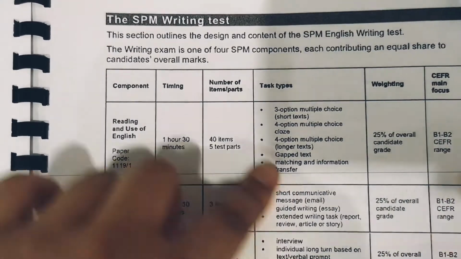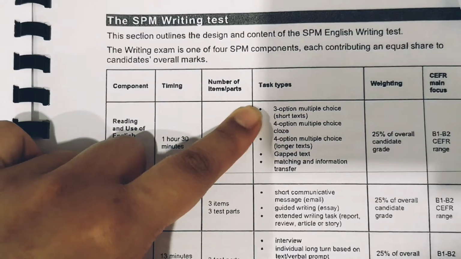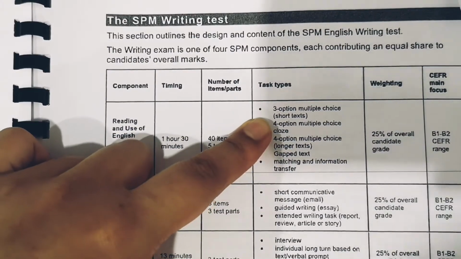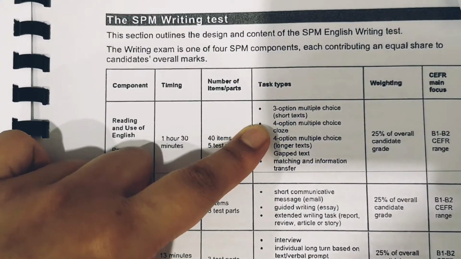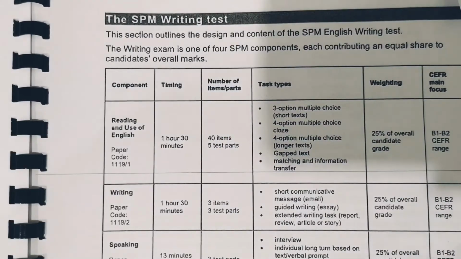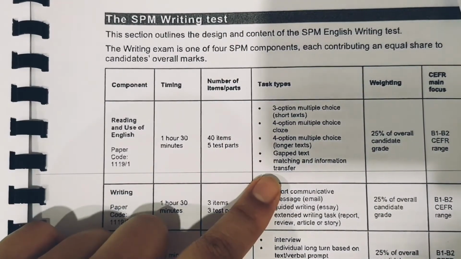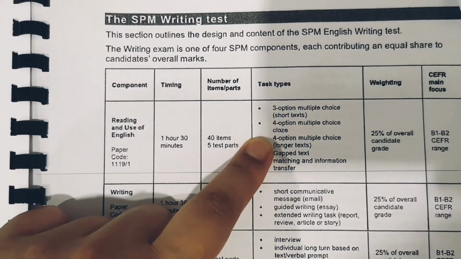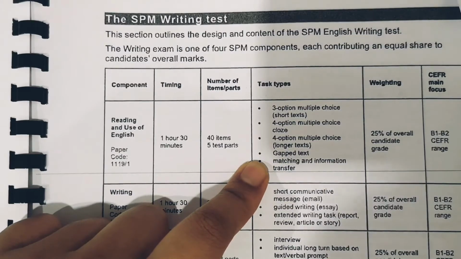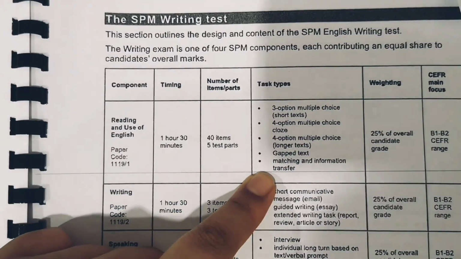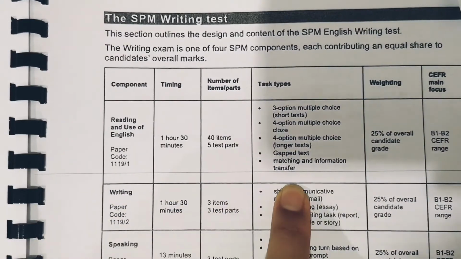Okay, and regarding the question types or the task types, there will be 3 options: multiple choice short text questions, and 4 option multiple choice close, 4 option multiple choice longer text, a gap text, and matching and information transfer.